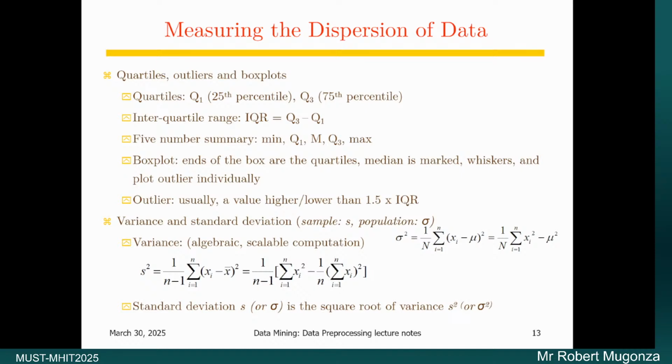Often when we have such measures in use for observing dispersion, box plots are the desired kind of graphs that we put to use in describing how our data is dispersed.